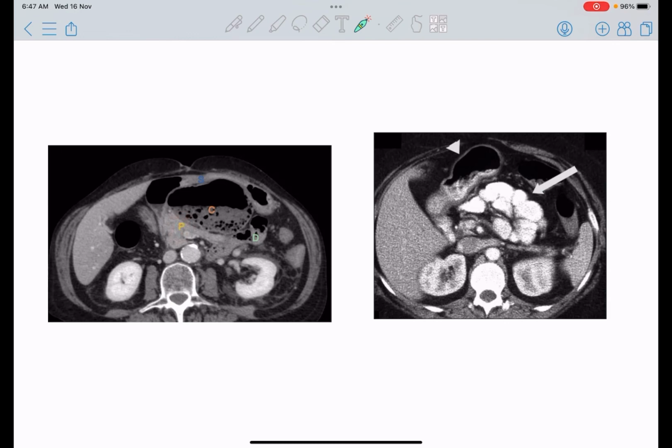The CT scan on the right is even better for a beginner to understand that there is a loop of bowel which has herniated across the foramen of Winslow. It has pushed the stomach anteriorly, and it has pushed the pancreas posteriorly. Treatment principles remain the same.